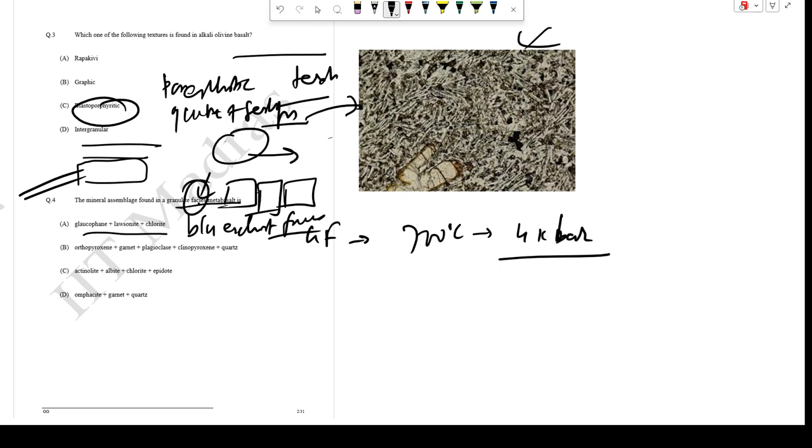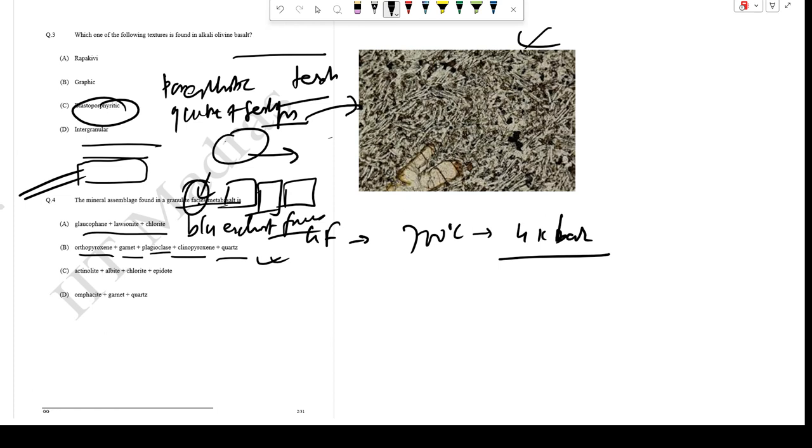Then there is orthopyroxene with garnet with plagioclase, clinopyroxene, and quartz. So this is the correct answer. This assemblage is a classical indicator of granulite facies metabasalts.